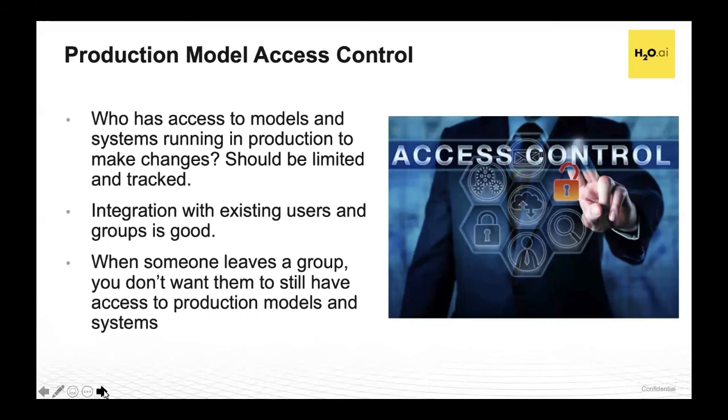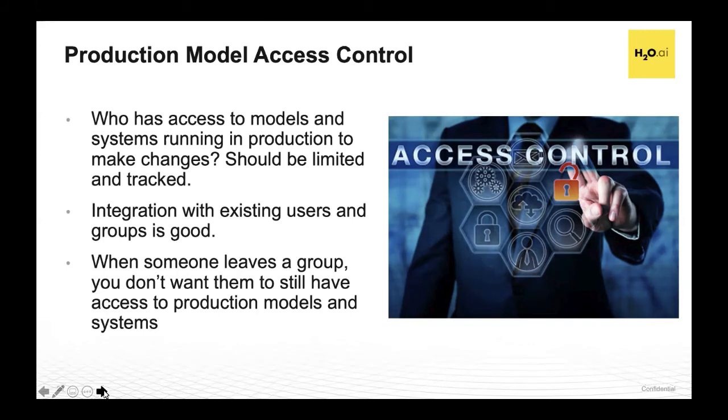If we give people access who we wouldn't normally give access to production systems, if we give them access to the models themselves or to the production systems where they're deployed, that could cause issues. And there could be people who are doing that for kind of nefarious reasons because they want to manipulate the model. It could just be someone who doesn't really understand the nature of production introduces some bad code, which causes the whole system to fail.